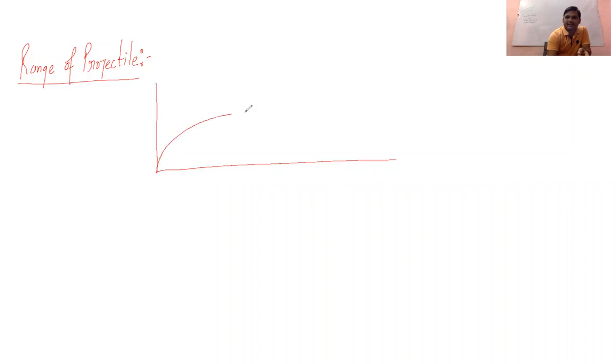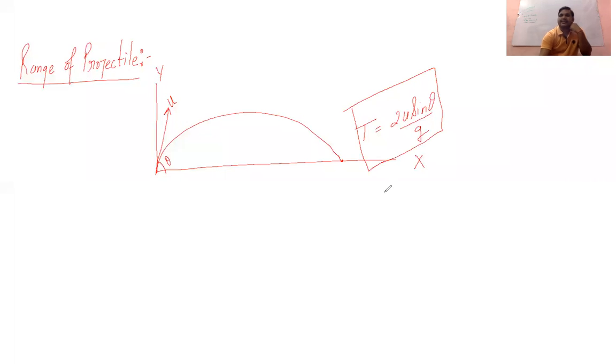The ball is thrown like this, and this was your initial velocity. This was your theta angle, and this was u. This was your x-axis and this was your y-axis, and we have discussed the time of flight for this motion. So this was t is equal to 2u sin theta by g. This is the time of flight.